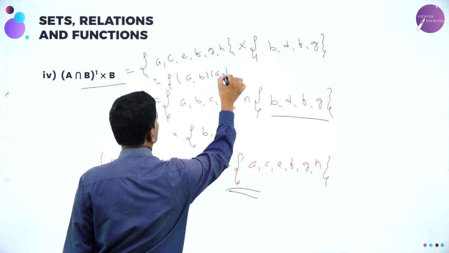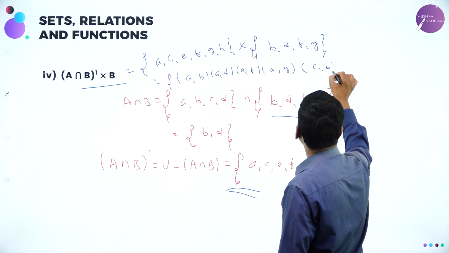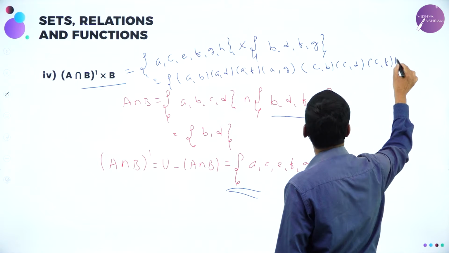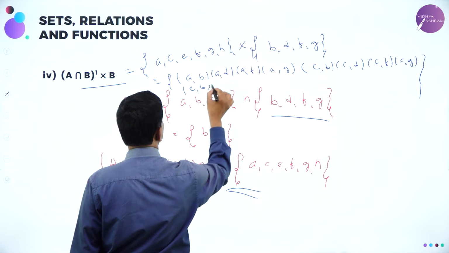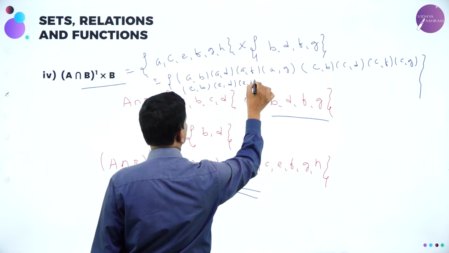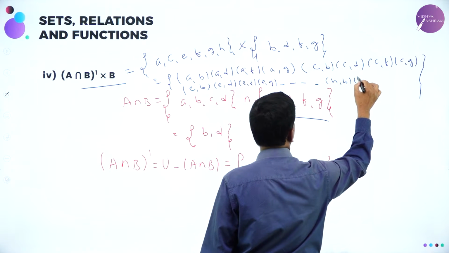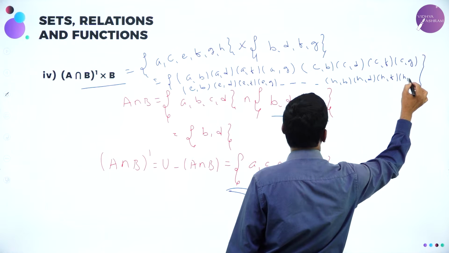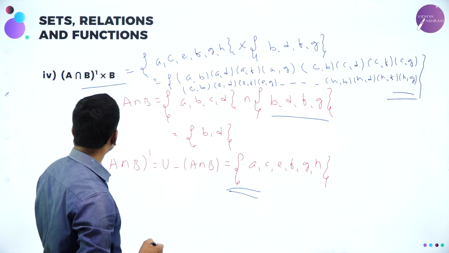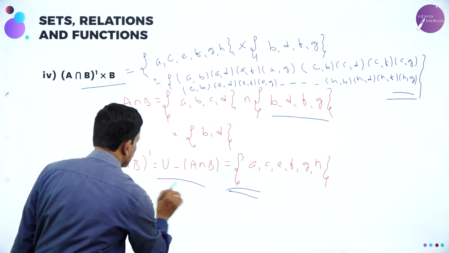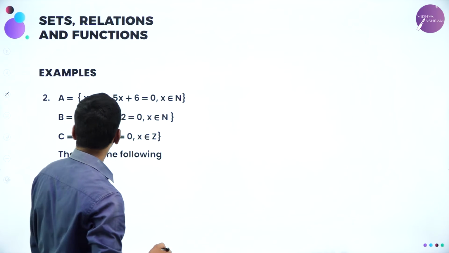A comma B, A comma D, A comma F and A comma G. Similarly take C: C comma B, C comma D, C comma F and C comma G. Similarly write down E: E comma B, E comma D, E comma F, E comma G, and like that the last element, H comma B, H comma D, H comma F and H comma G. So these are the elements of the Cartesian product of A intersection B whole dash into B. A intersection B whole dash is nothing but U minus A intersection B. That's it. Now let us come to the next type of problem.